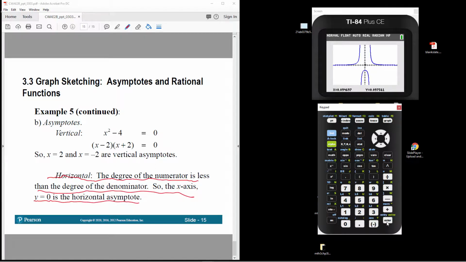Here's another one. We do have x equal to 2 and negative 2. There are vertical asymptotes.